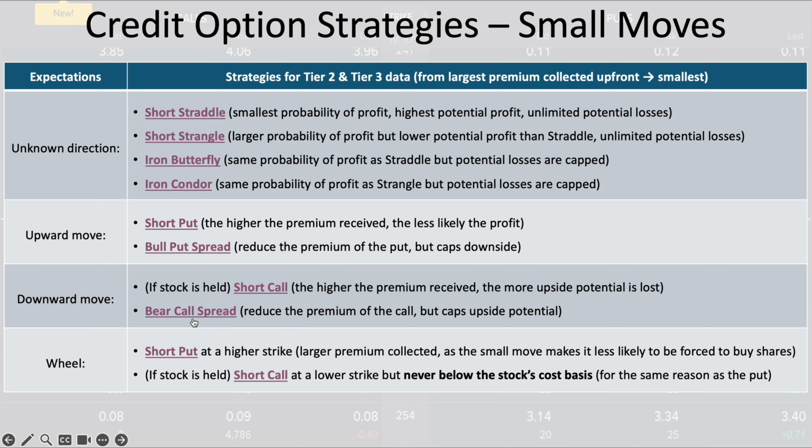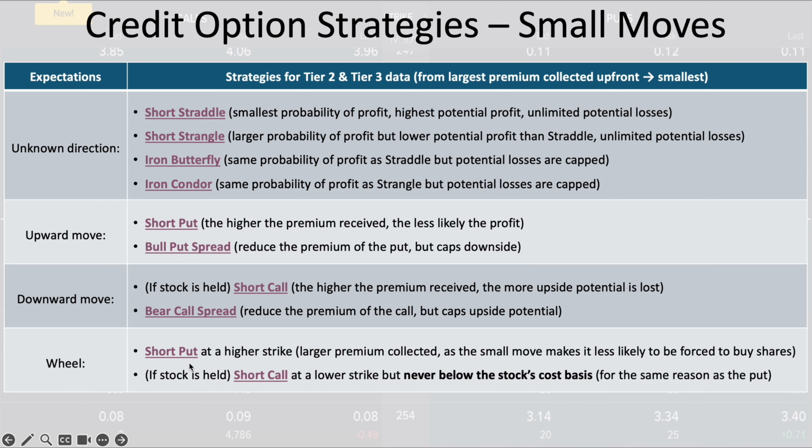And lastly, for the wheel, which is a very specific strategy. If you expect a small move, of course, you're going to sell a put a bit more aggressively with a higher strike, because then you maximize the premium you collect, and because you expect a small move, you are still not very likely to be forced to buy the shares.